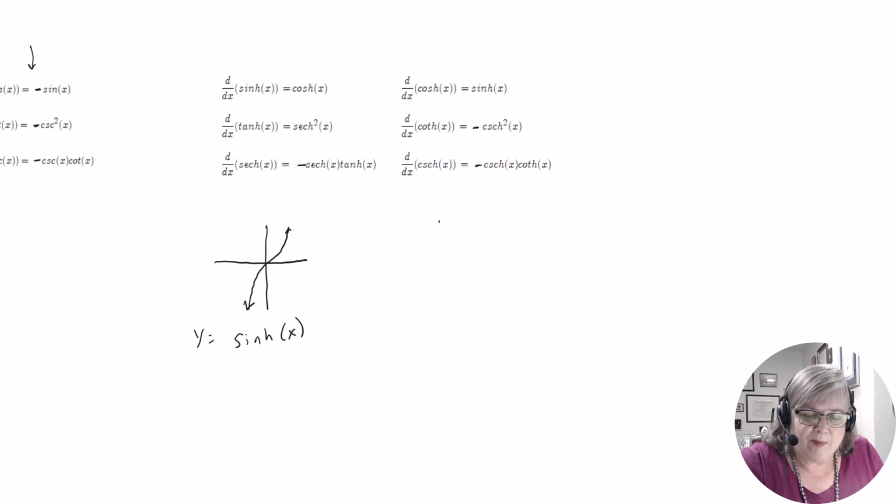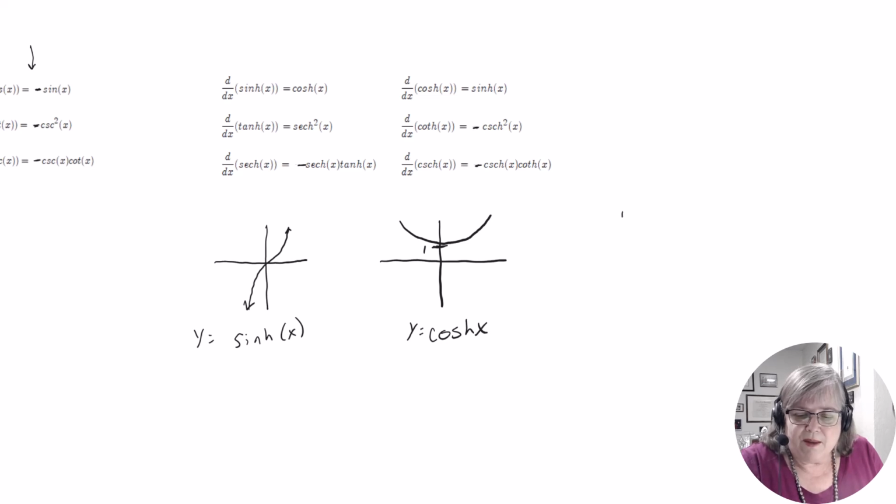And the hyperbolic cosine curve looks kind of like this. This is one. Okay, and then the hyperbolic tangent curve looks like this.